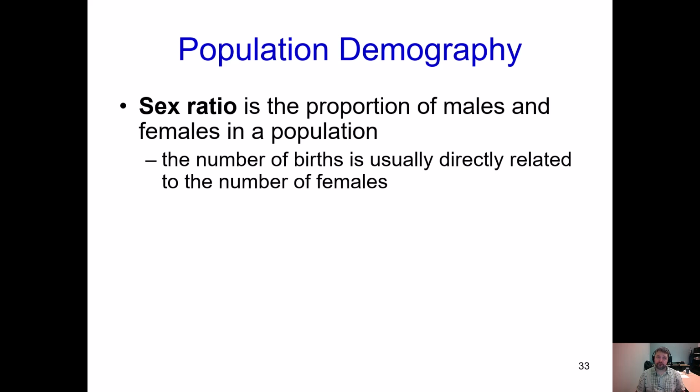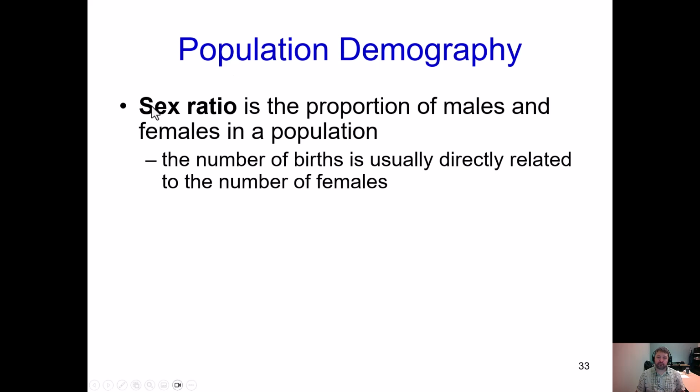Things like some turtles have temperature-determined sex. Okay, crocodiles, alligators, some snakes, some lizards. There are other species. Some species of fish have this. Okay, and so that means the temperature that the eggs are incubated in determines the sex of the individuals.